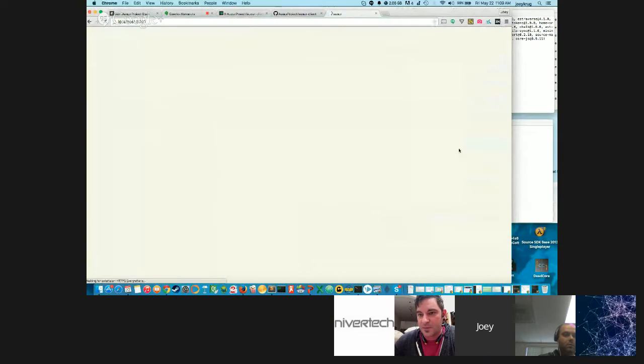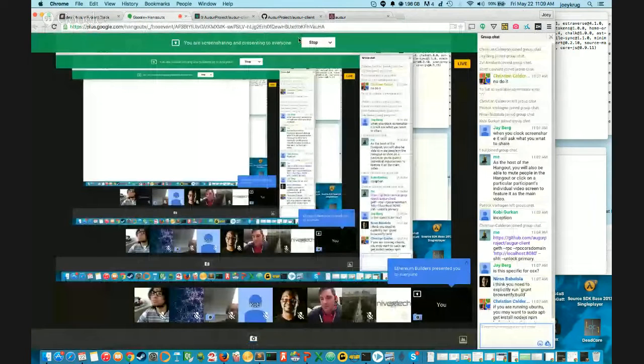Let's see. They're both the exact same code base. They just start up with slightly different root branch parameters. So they're different sets of markets.